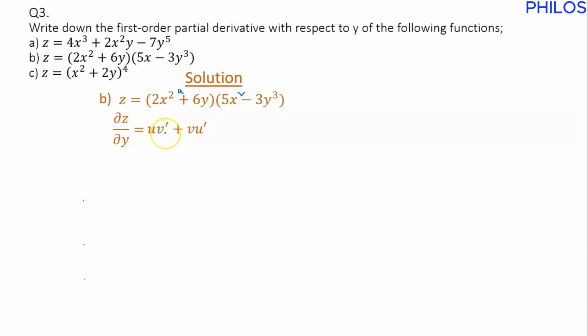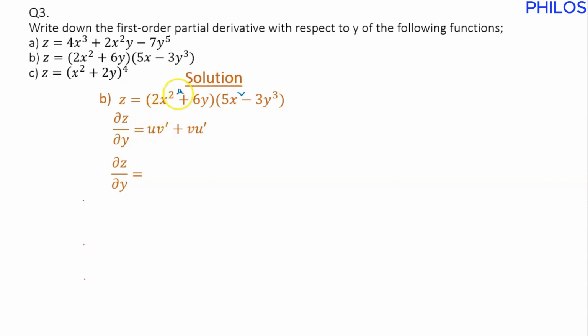Now, when we say v prime means differentiate v with respect to that variable you are looking at that moment. Okay. And when we say u prime also means differentiate u with respect to the particular variable in question. Now, we are finding partial z, partial y.